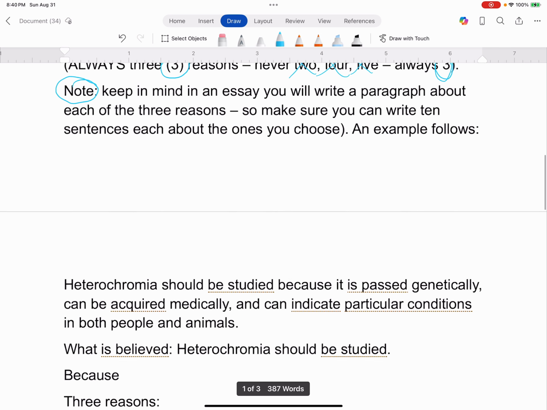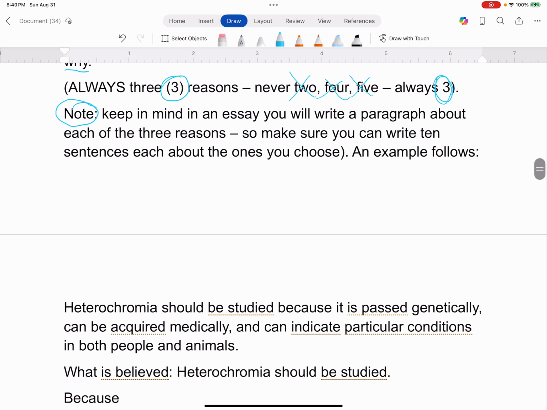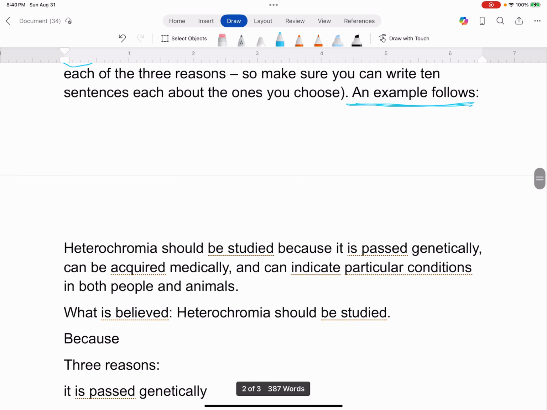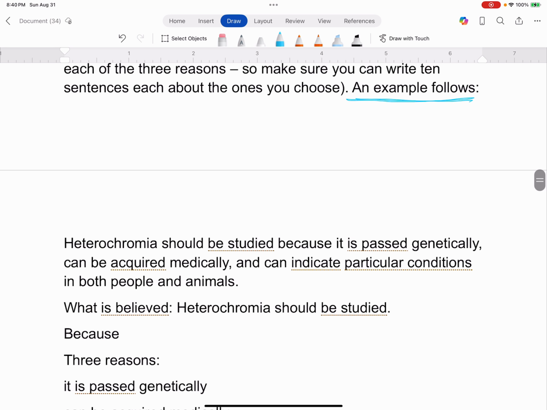Okay, so let's look at an example of a thesis statement. Header in the formula: what is believed? Heterochromia should be studied. The word because. Now the 3 reasons. It is passed genetically, can be acquired medically, and can indicate particular conditions. 3 reasons.